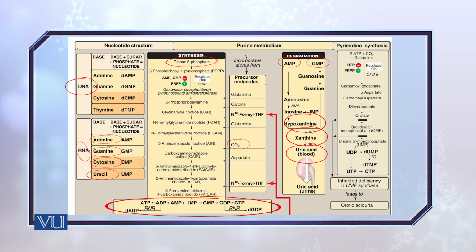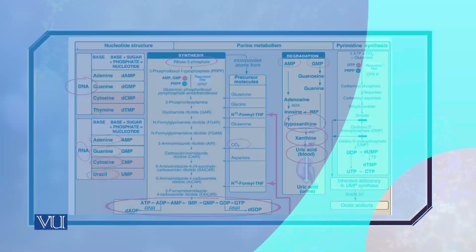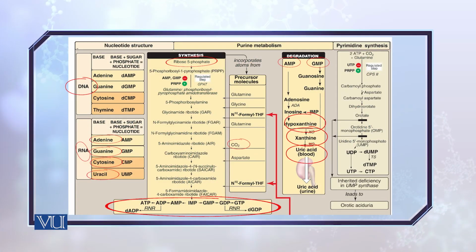As far as the pyrimidines are concerned, the major difference between purines and pyrimidines is that in the case of purines, you start with the sugar moiety which is already there. Here you start with the nitrogenous base, which once formed is then added onto the sugar moiety. So this is the difference between purine and pyrimidine. You start with the ATP molecule, carbon dioxide, and glutamine.